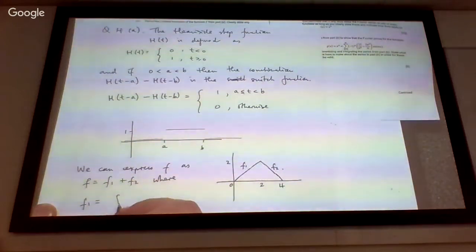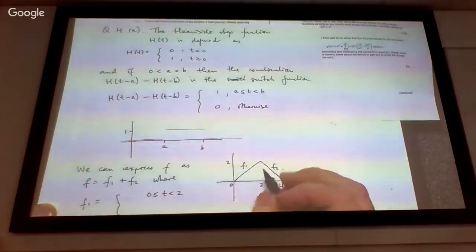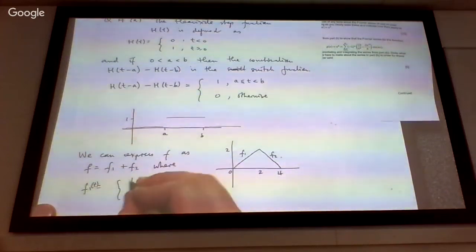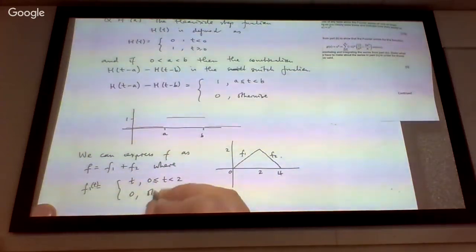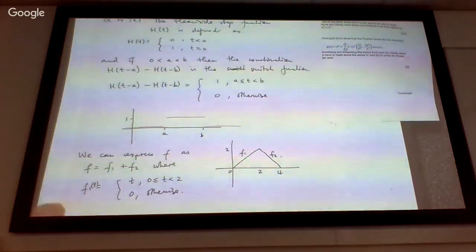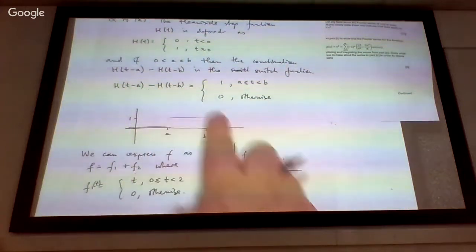So f1 of t, between 0 and 2, is going to be this line, and that's just the line t. That's going to be 0 otherwise. So I'm setting it up as something that I can apply this switch function to.